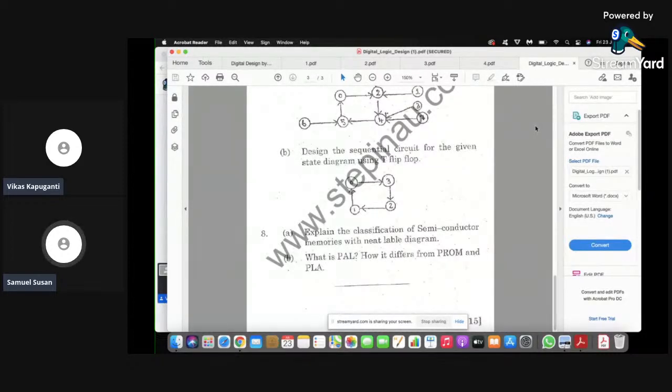We'll be providing the PPTs or else the PDFs of these chapters in the group. If there are no more questions, we can stop the session now and you can have your preparation.